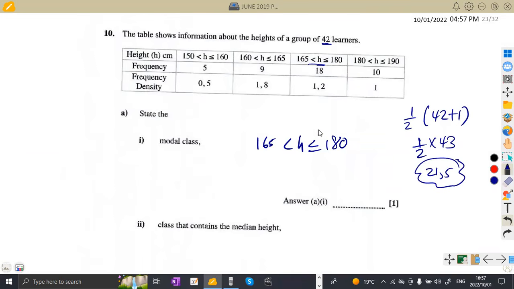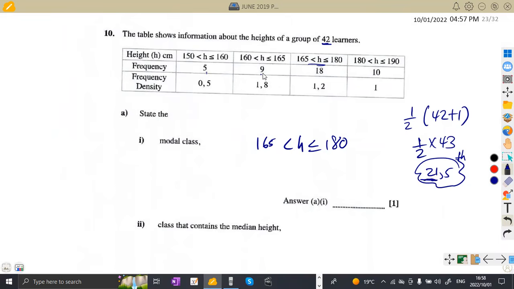That is, we are going to find where the 21,5th term falls, because we're talking about a term. So we add 5 plus 9, that's 14. We are still less than this number.